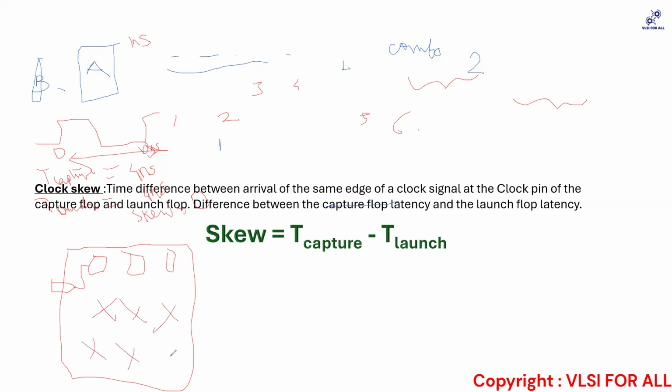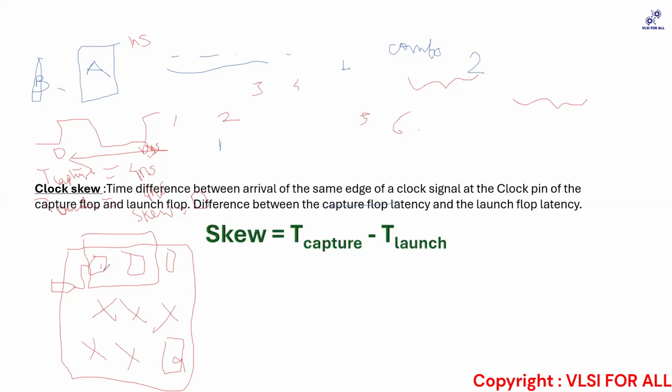Let's say these are your flops from 1 to N. Now, whenever we were considering a particular timing path, we were localized, for example analyzing this timing path from reg to reg.